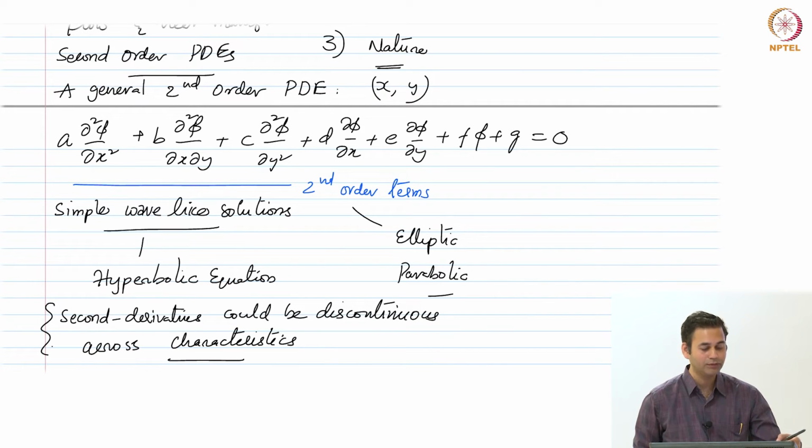If we have a characteristic equation that I can construct from this second order PDE, and if that characteristic equation has two real roots, then I can say that I have wave-like solutions coming up from my PDE.